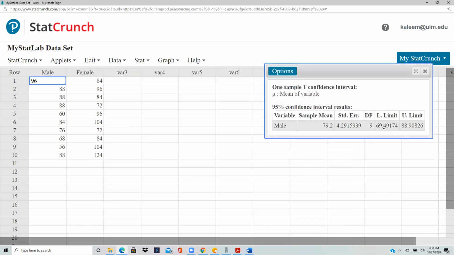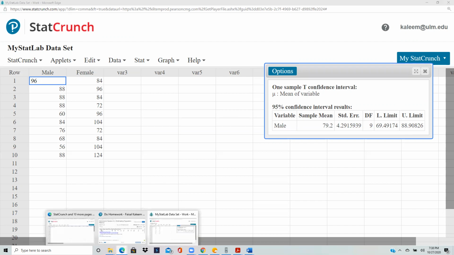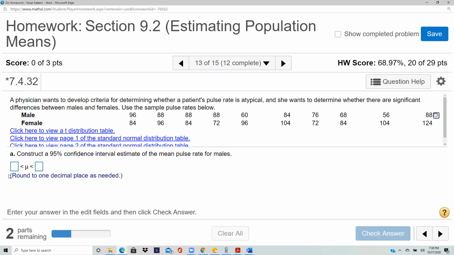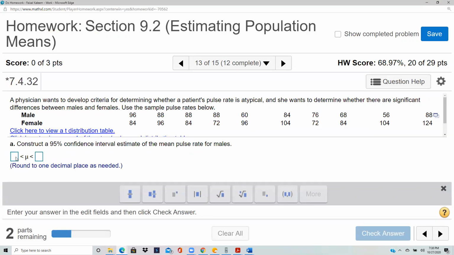So 69.49, 88.91. Sixty-nine point five, 88.9.